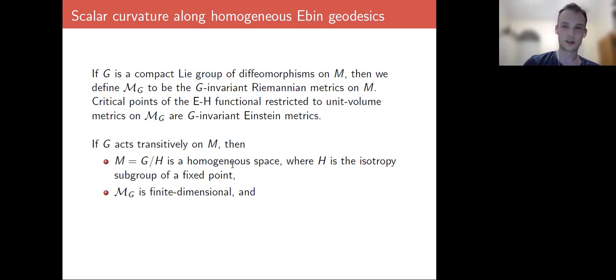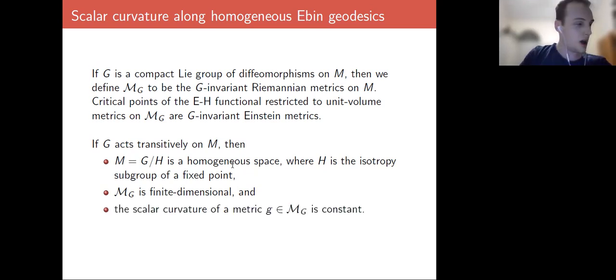So the Einstein-Hilbert functional is basically just a function going from R^n, not quite, R^n with the volume 1 constraint, with the positivity constraint as well, back into R. And the Einstein equation is just a system of algebraic equations. No derivatives really appear. Of course, since this action is transitive, we conclude that because it's algebraic, the scalar curvature is going to be a constant on the whole manifold.